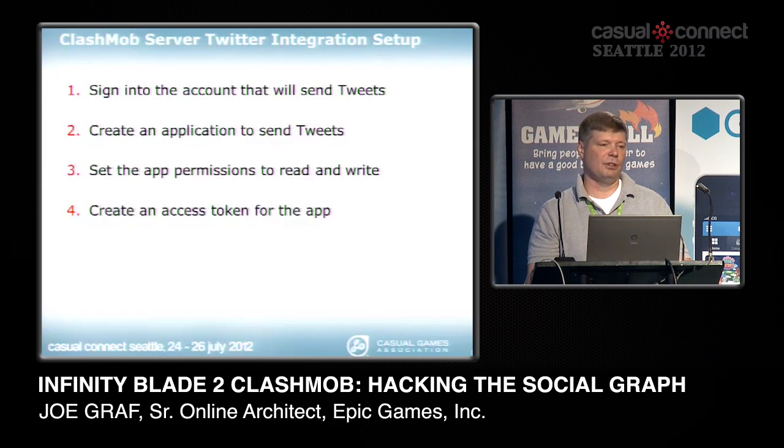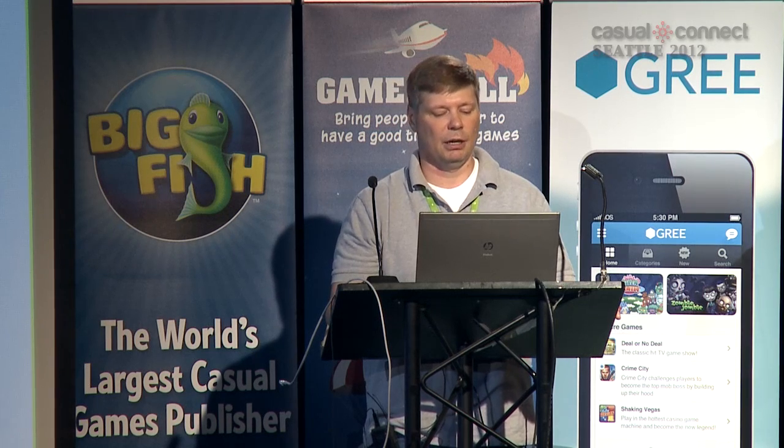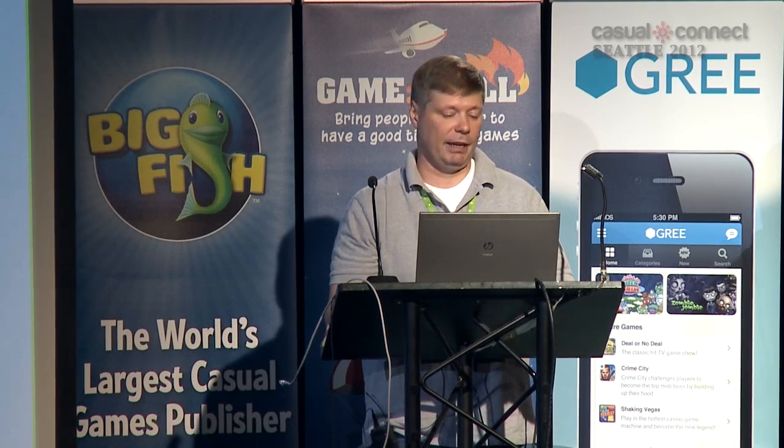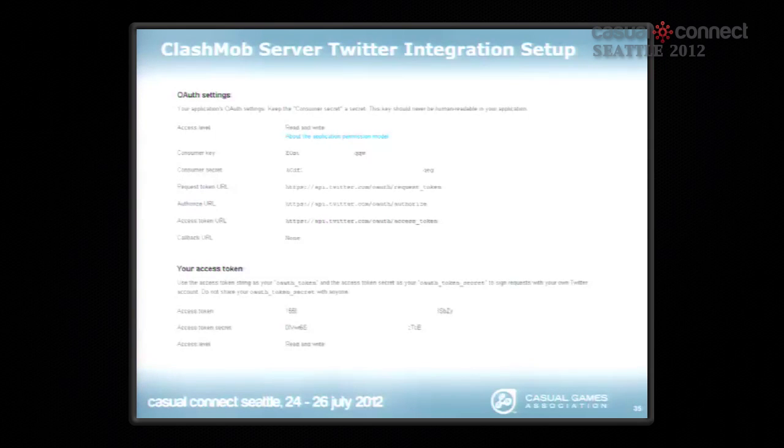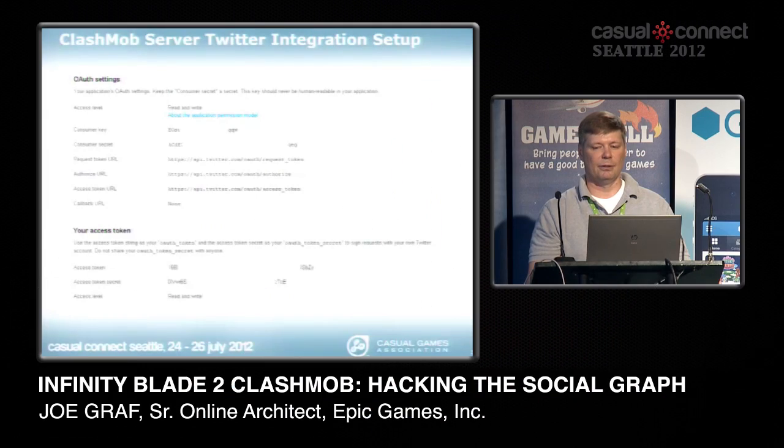The very last step is to create an access token, and that gives the app the rights to impersonate that account. This is what the Twitter page looks like when you're doing this. You'll see your consumer key, your consumer secret, your access token secret. Those are the values that you use in order to post as a particular Twitter account.